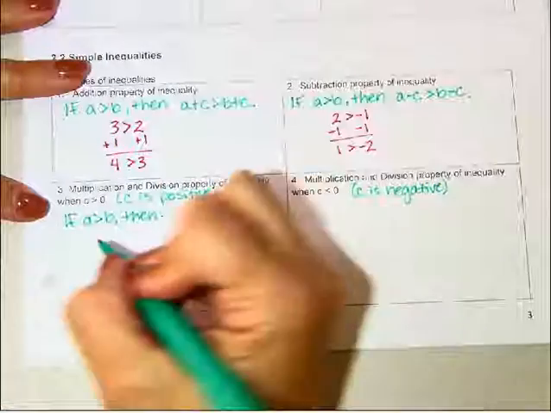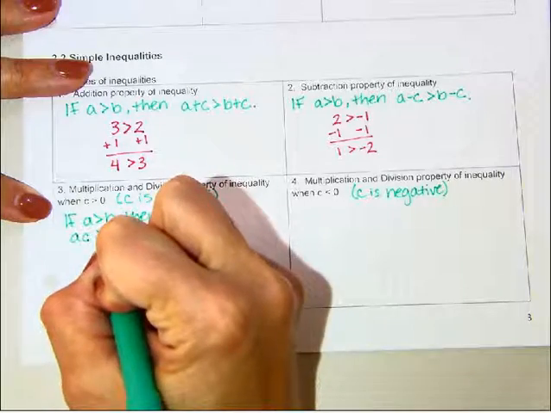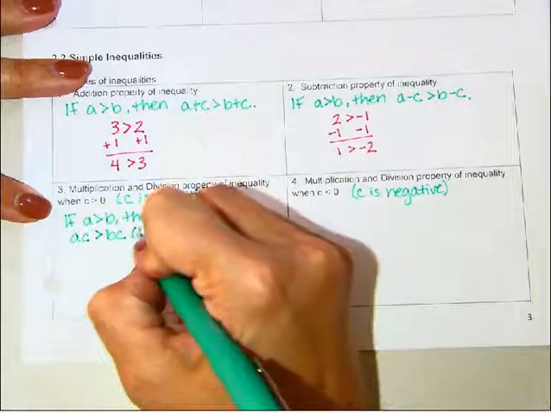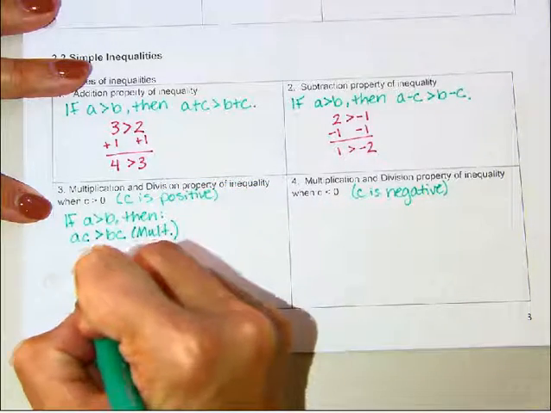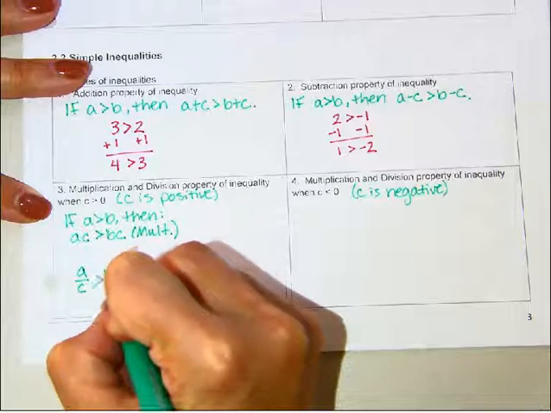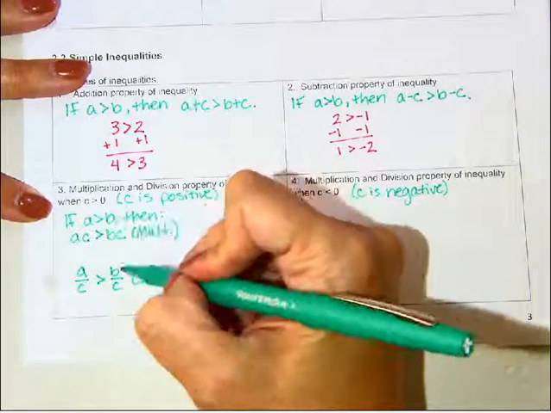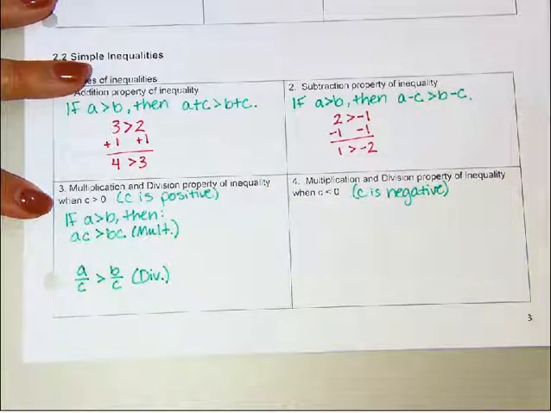For multiplication, I take A times C, it'll still be greater than B times C. Okay, so this is for multiplying. Well, I can still take A and divide by C, and it'll be greater than B divided by C, and that is for dividing. So my symbols do not change. They still equal, and this is when C is positive.